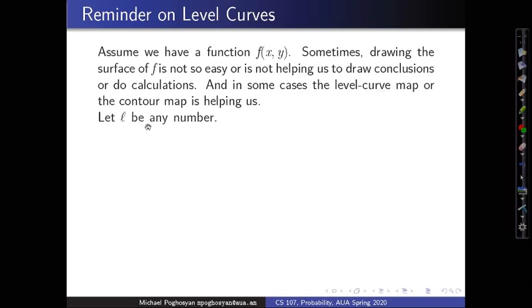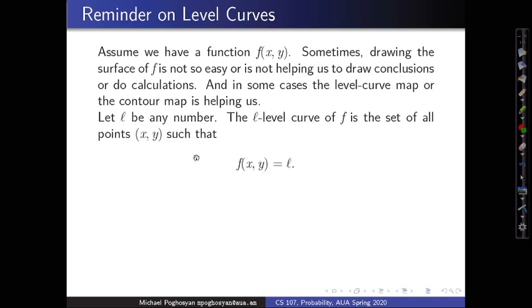And what is a level curve? Assume L is any real number, so L is the level. We solve the equation f(x, y) = L, and the set of all points satisfying this equation is the L level curve.